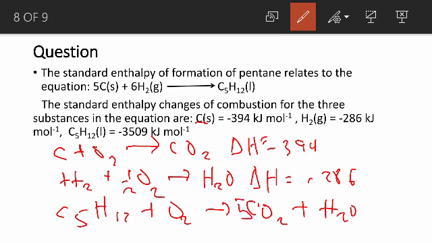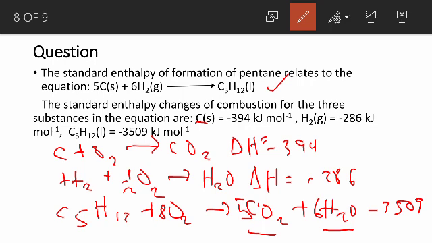Hydrogen, we have 12 here, so H2O would be 6, to make it 12. On the right hand side, the total oxygen here is 10, and here is 6, making it 16. So I come here and write 8 for O2. So that's the balanced equation, and the enthalpy here is minus 3509. Okay, so let's compare this with the original equation.